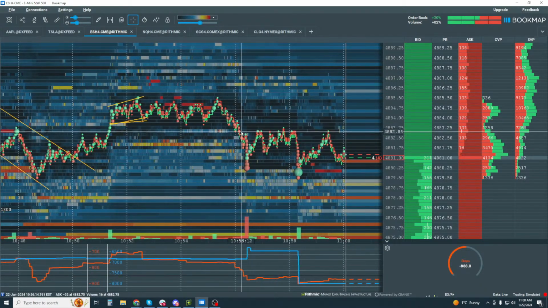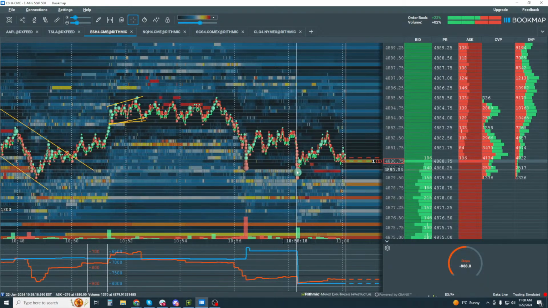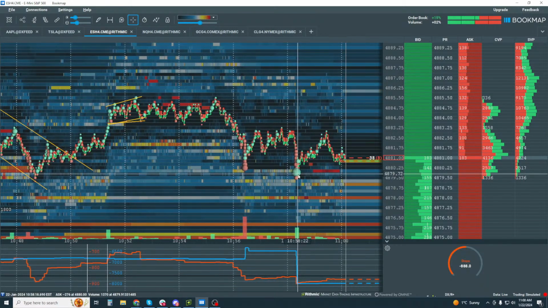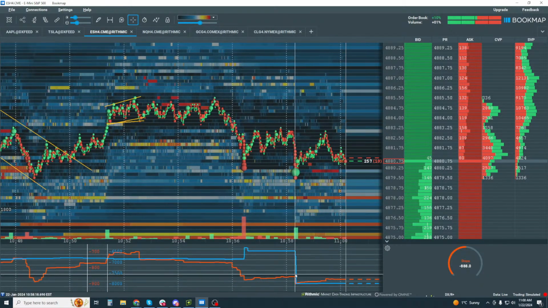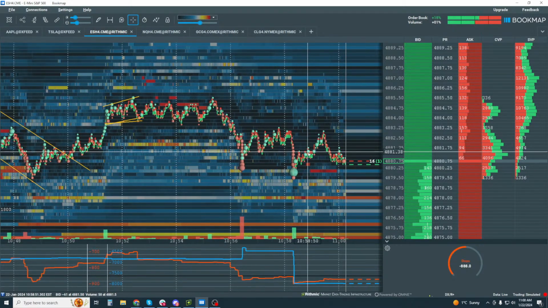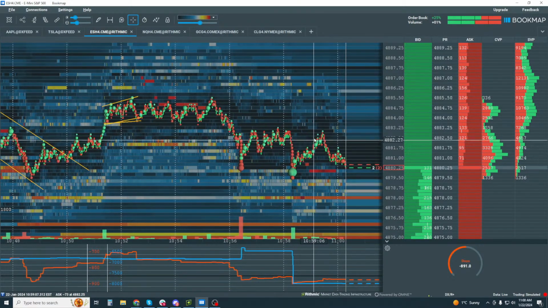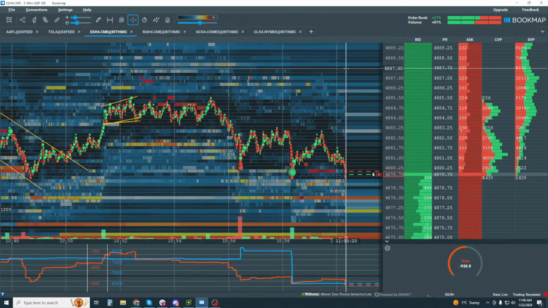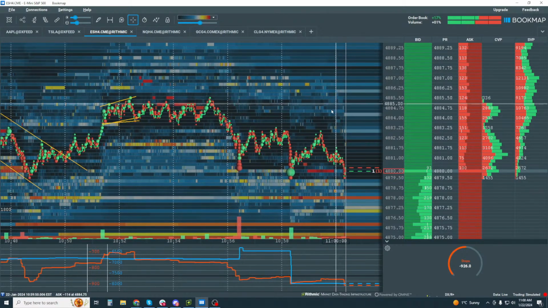The concept though is that you get this move outside of an area, you get stop runs outside of an area, or lots of liquidity getting filled. You come back into the range and to the other side of the range, and then the potential trending move away.